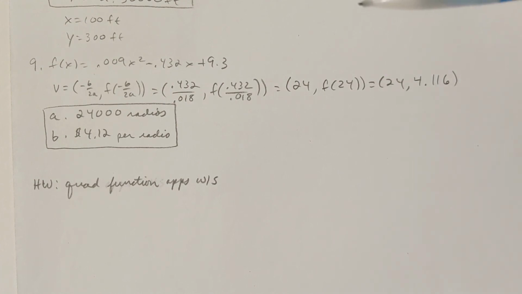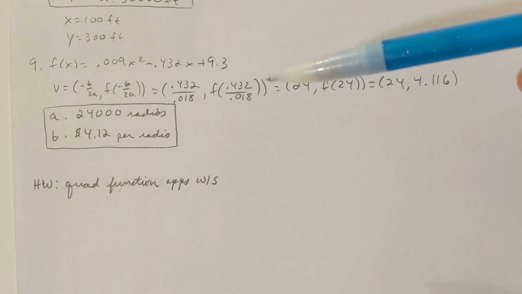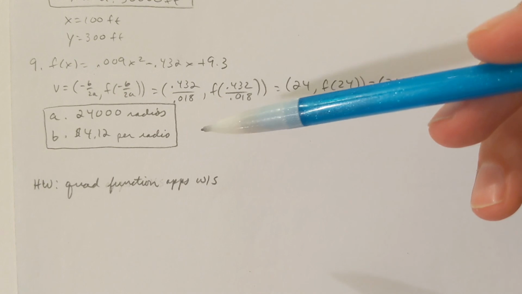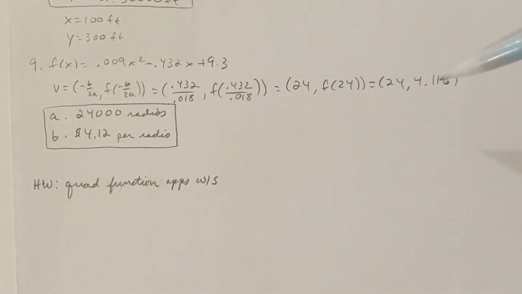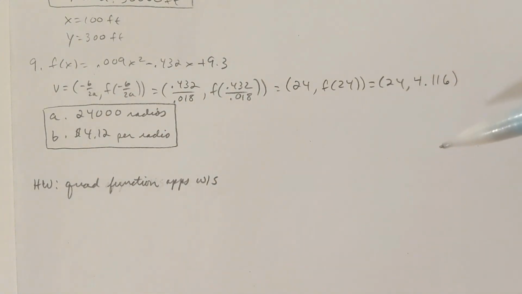In part B, what is the minimum cost per radio that is possible? The company would want to charge $4.12, I guess. You round like you normally would there, per radio. So this is basically an exercise in finding the vertex. Once we find the vertex, we're done.